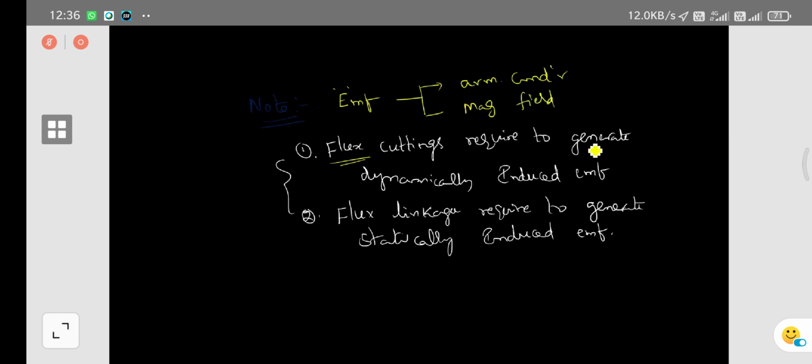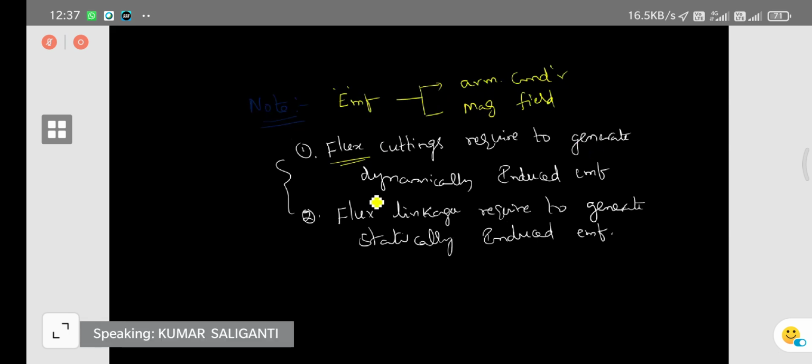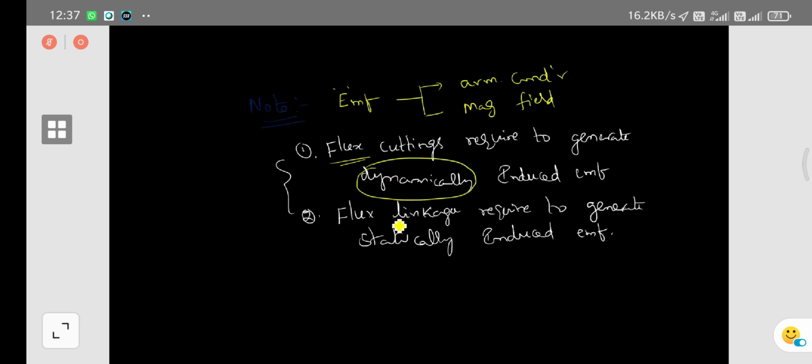Flux cutting is required to generate dynamically induced EMF, and flux linkage is required to generate statically induced EMF. There is an armature conductor and a magnetic field.